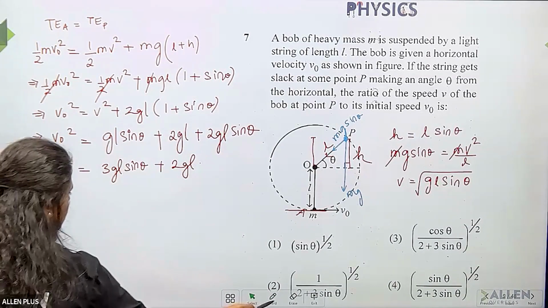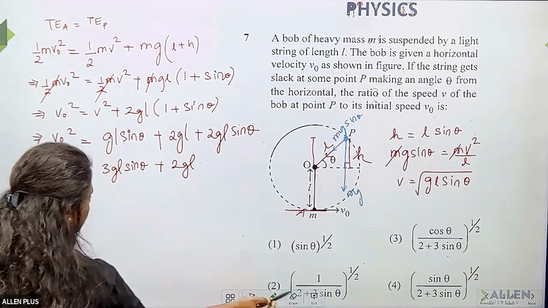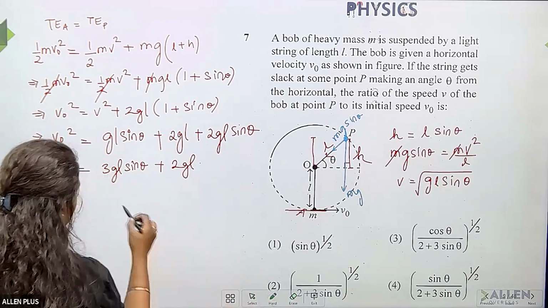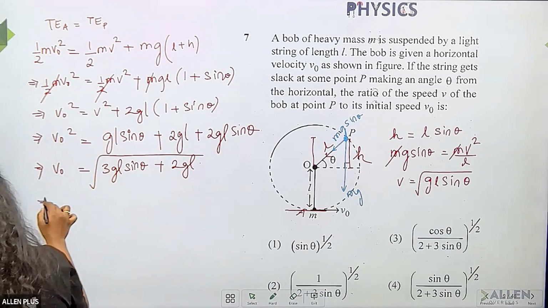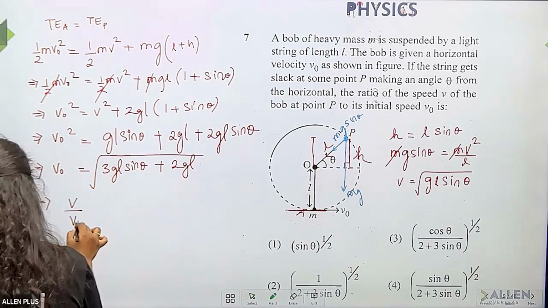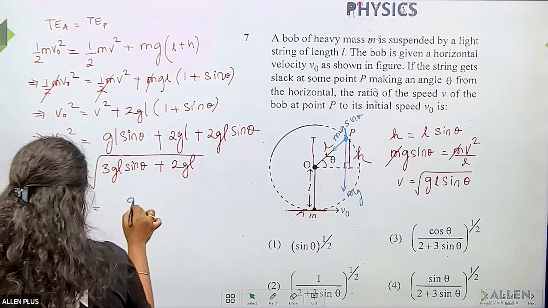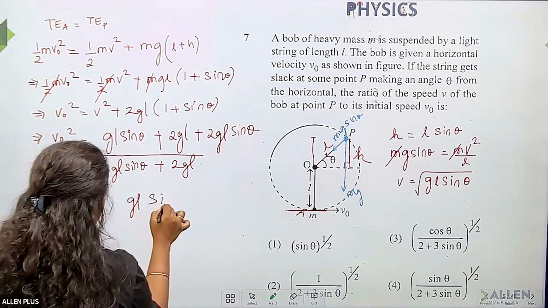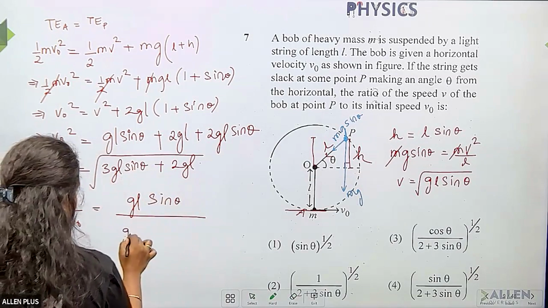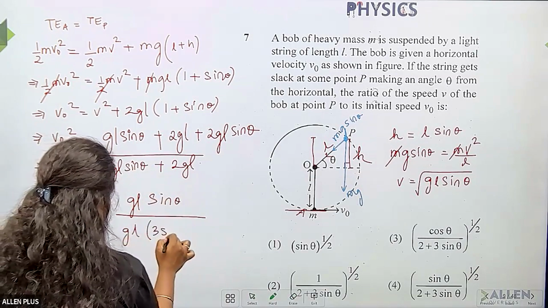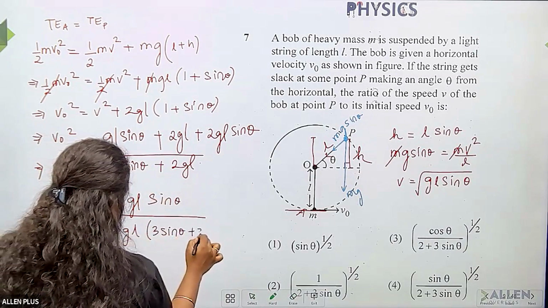If you are taking the V naught, what happens? You will get the root over part. Okay, so from here I can write V by V naught is equal to root over GL sine theta, whole divided by, here GL you can commonly take outside, root over GL into 3 sine theta plus 2.